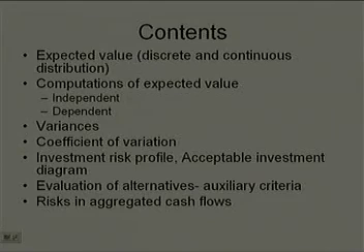We will discuss variances, the coefficient of variation, investment risk profile, acceptable investment diagram, and finally some of the auxiliary criteria that are helpful for evaluation of alternatives. So, this is the plan for today's lecture. More or less we will be covering all these aspects. If not, then we will have to continue in the next classes.